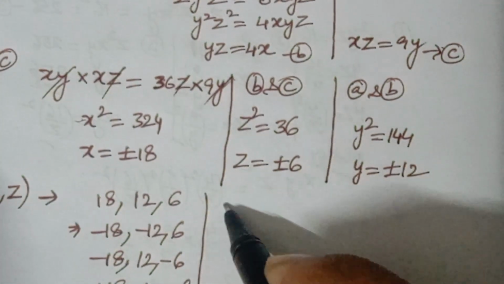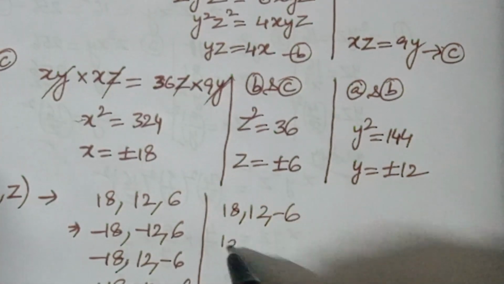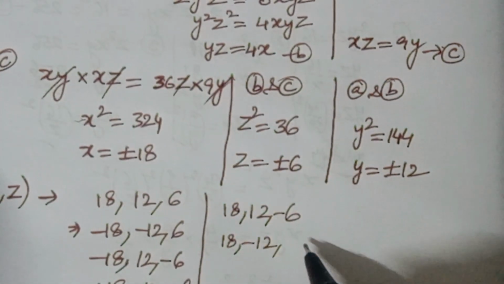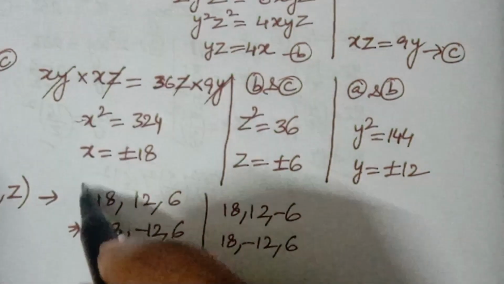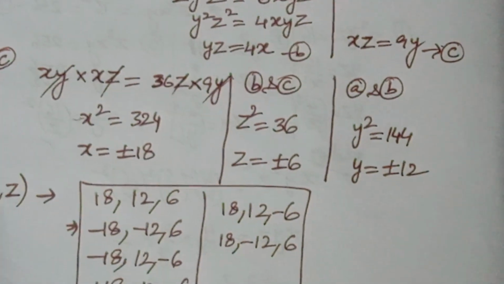So here you'll get these as the possible values of x, y, z.